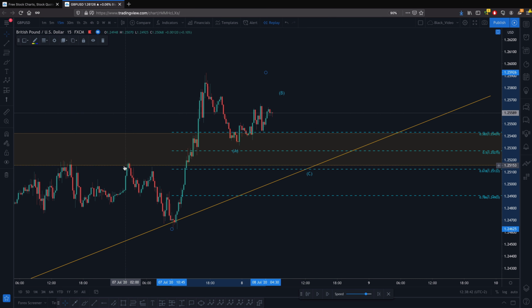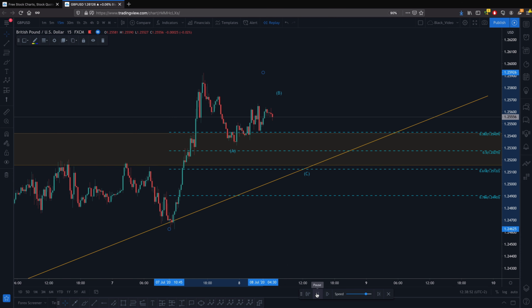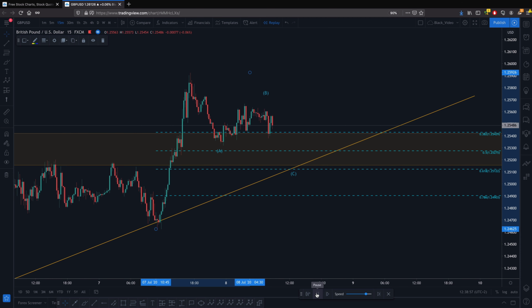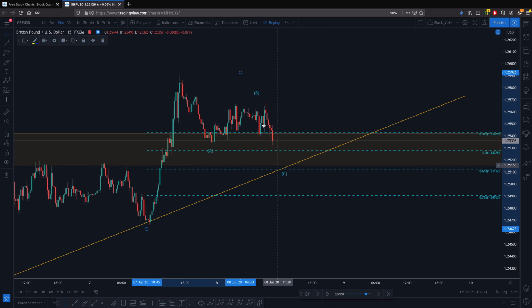We got some highs here which were resistance, broke through, so we could find support around here. I'll play a little bit further so we can see how the market developed. There you can see we got the last high. So we are breaking through this low. So wave B would be finished around here.